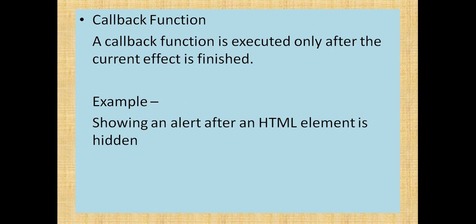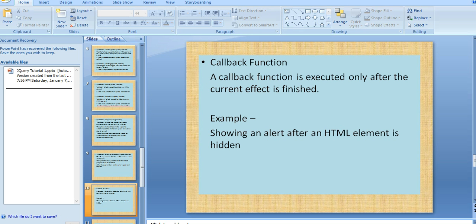Let's see how callback functions can be used. A callback function is executed only after the current effect is finished, like showing an alert after an HTML element is hidden.